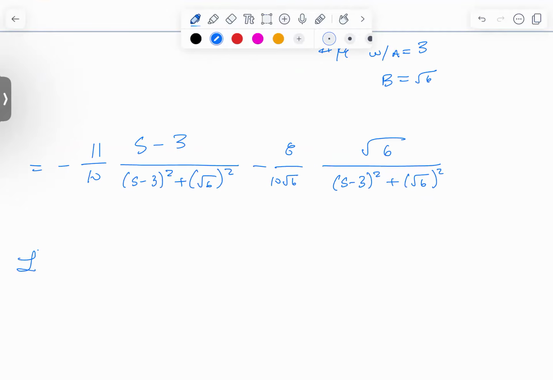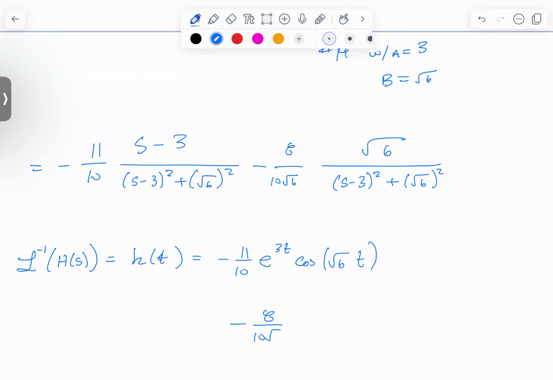So all the way out, the inverse Laplace transform of what we called H of s becomes h of t: -11/10 e to the 3t cosine root 6t minus 8/10 root 6 e to the 3t sine root 6t.